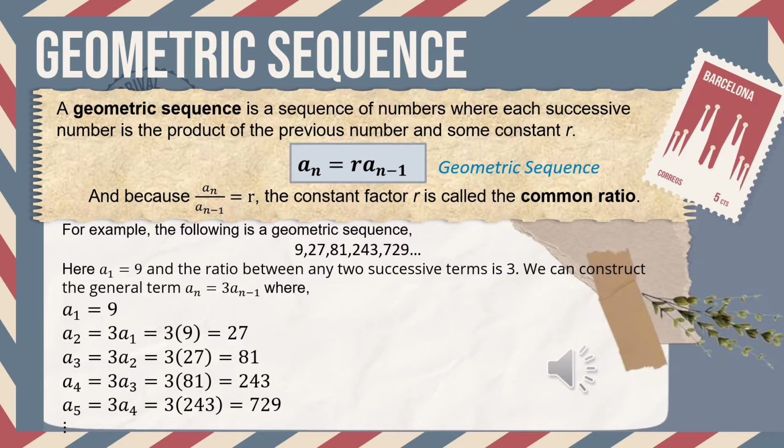The third term is 3 times the second term, 3 times 27 is 81. The fourth term is 3 times the third term, 3 times 81 is 243. The fifth term is 3 times the fourth term, 3 times 243 is 729.